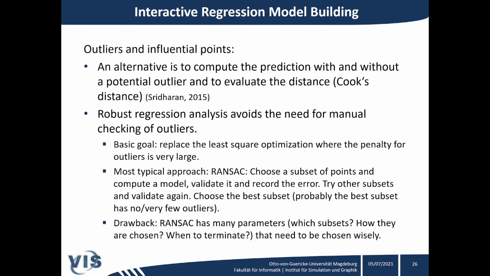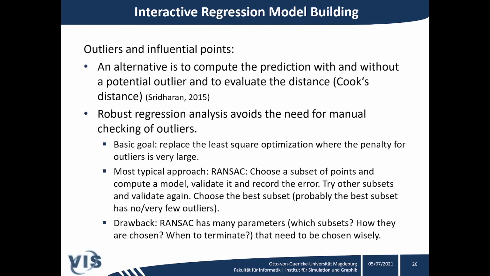In general, robust regression analysis avoids the need for manual checking of outliers, and the basic goal is to replace the least squares optimization, where the penalty for outliers is very large. For this purpose, in most cases, the RANSAC approach is used. Here a subset of points is chosen and the model is computed, validated, and the error is recorded.